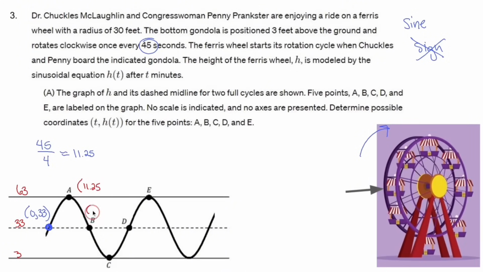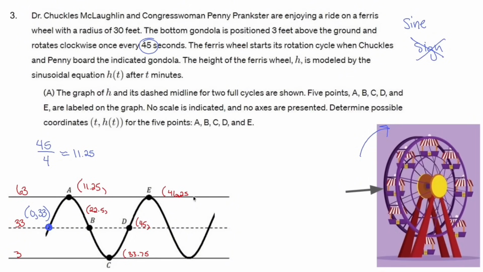The time for B is going to be 11.25 more than that, so 22.5. The time for C is going to be 33.75. The time for D is going to be 45, which makes sense. And the time for E is going to be 11.25 more than that, which is going to be 56.25.